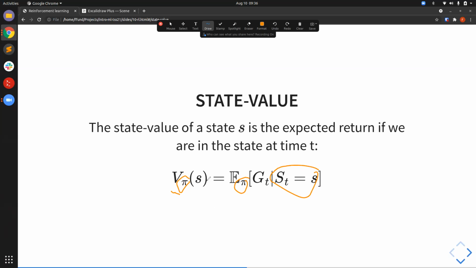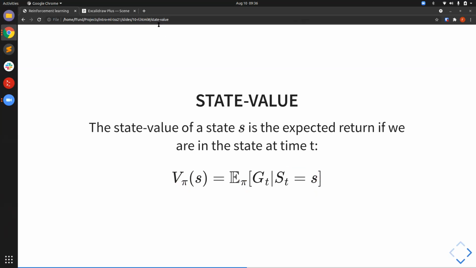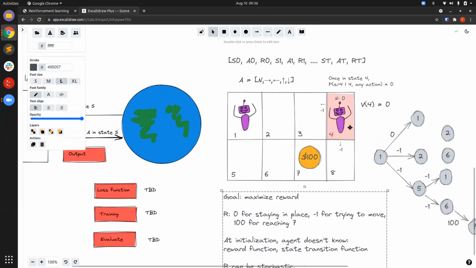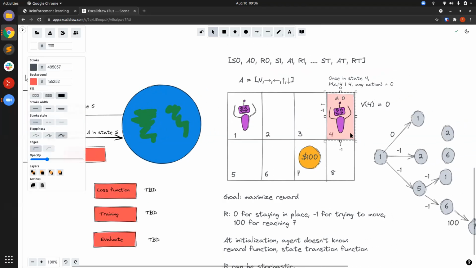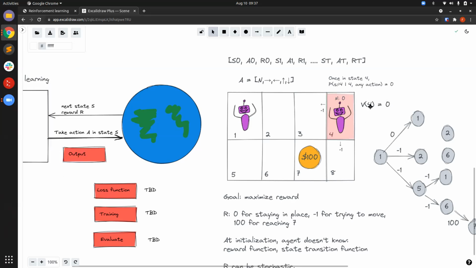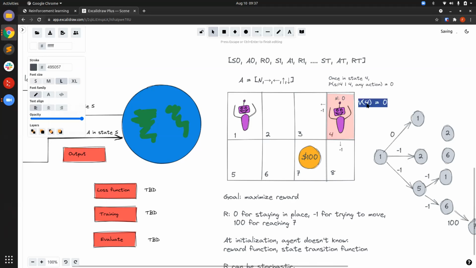So this is a state value. Back to our example here, we said that once we end up in this particular state, well, for the best possible policy, right? So suppose our policy is just always do nothing, then the value of that state is 0. For different policies, we might have a lower value.